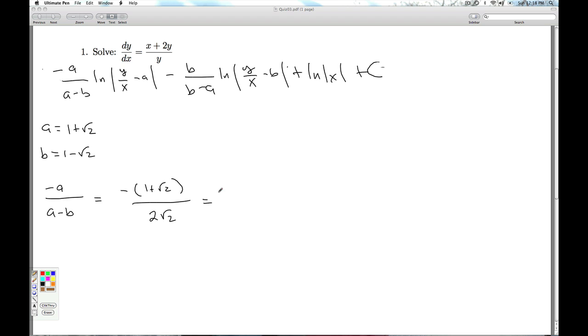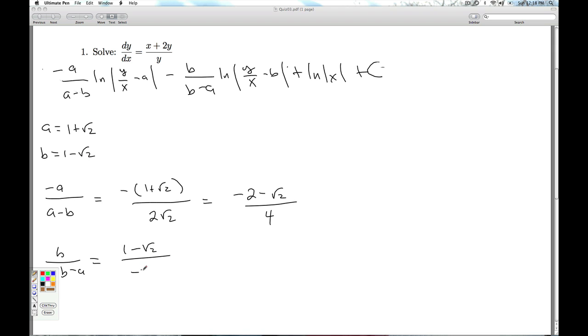I'm going to get negative 2 minus square root of 2, all over 4. So the square root of 2 is negative square root of 2 plus 2. Take the opposite of that and you get that. B over b minus a is 1 minus square root 2 over b minus a.